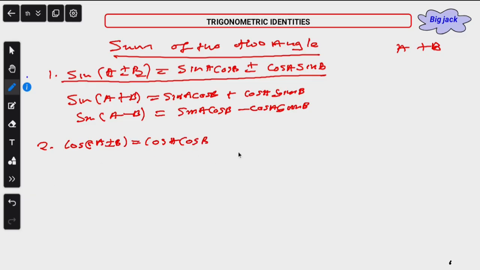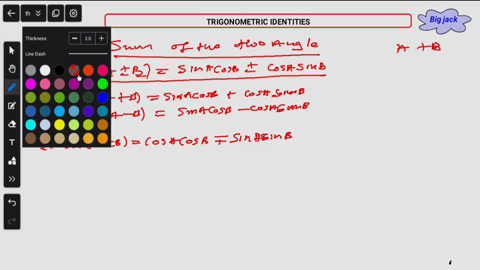Another difference is that here we have plus or minus, but for cos we're going to have minus or plus, so they are going to swap. This is very important to remember, because if you don't consider these differences, you're going to make mistakes when doing the calculations. And then the last part is sine a sine b. So that is it for these two identities.